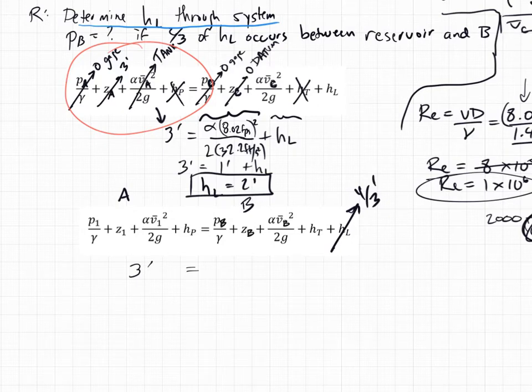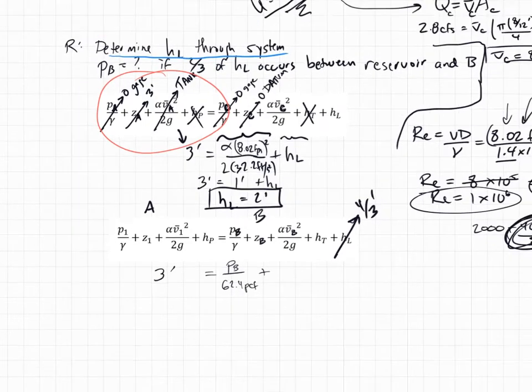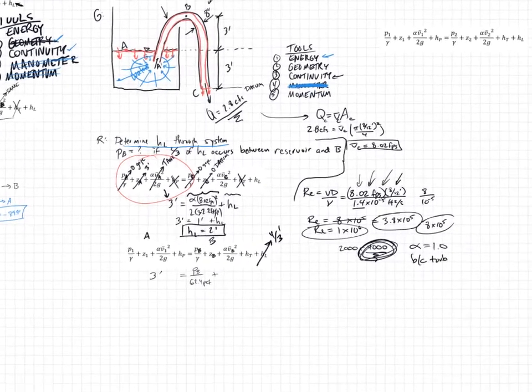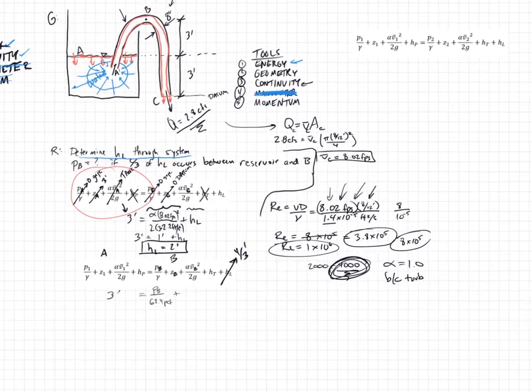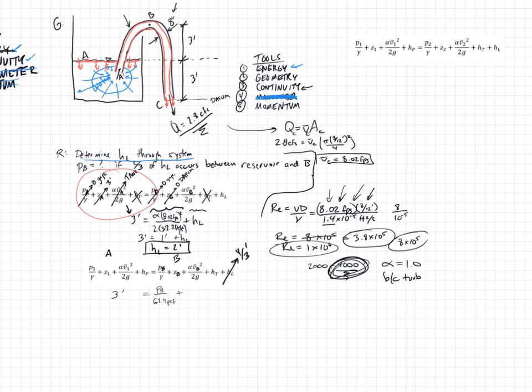So we can start thinking about this. What we're looking for right now is the pressure at B divided by gamma, which is 62.4 PCF. The Z at B, well, let's see what that is. If you look at the diagram, it's 3 feet above the water surface, so it's going to be 3 feet. Alpha VB squared on 2G.